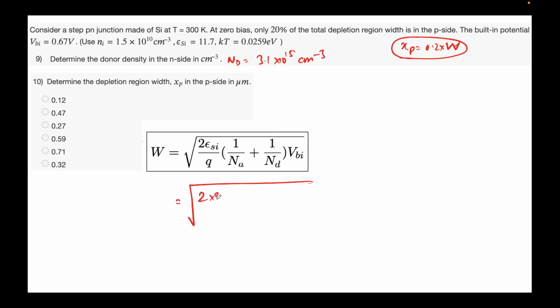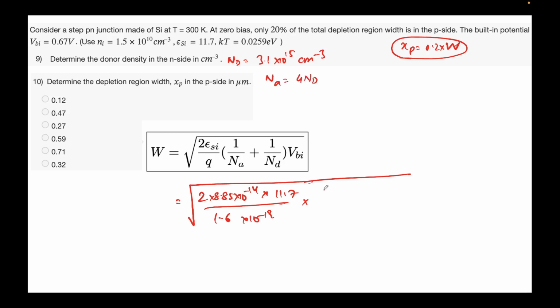So this is 8.85 into 10 to the power minus 14. That's epsilon naught. Epsilon of silicon is given as 11.7, divided by 1.6 into 10 to the power minus 19 times 1 over Na plus 1 over Nd. So remember, Na we had obtained as 4 times Nd.